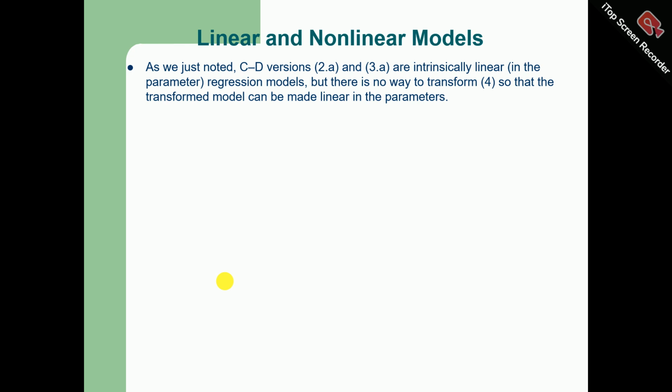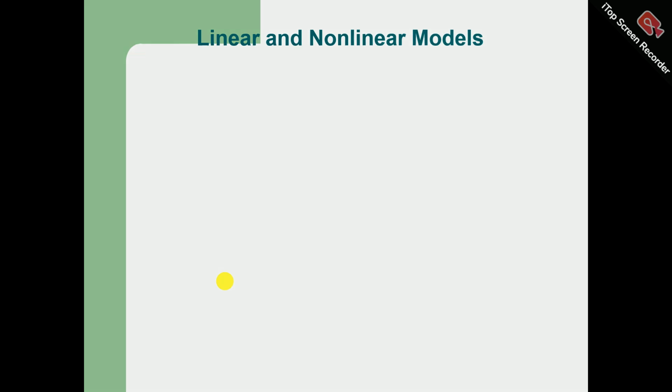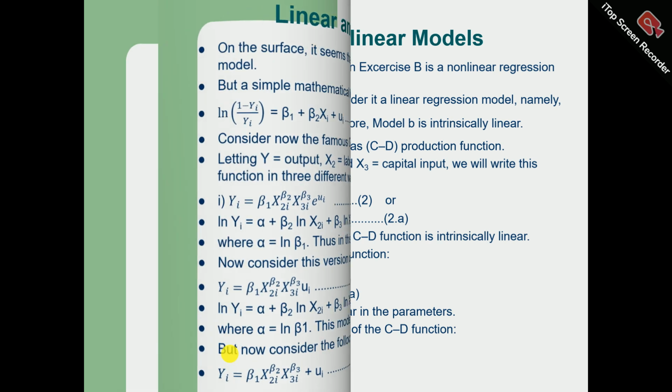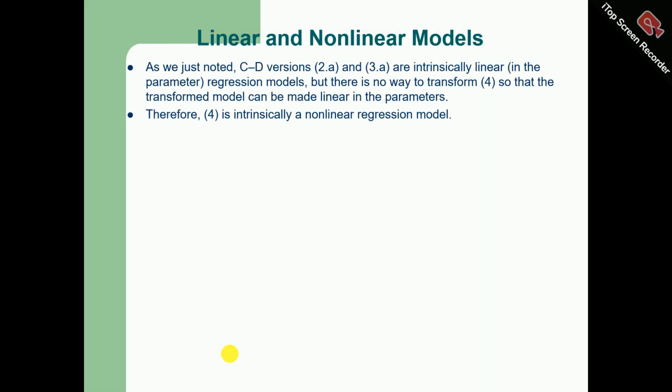But there is no way to transform model 4 or the function 4 so that the transformed model can be made linear in the parameters. So it means that equation 4 is intrinsically nonlinear because there is no way to make it linear by some kind of transformation. Therefore, model 4 is intrinsically a non-linear regression model.